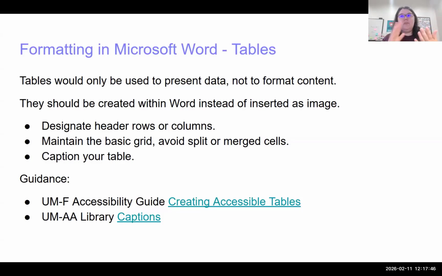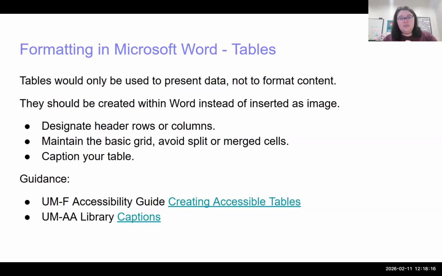So when you are creating a table with Word, you are going to make sure that you designate a header row or a header column. Okay. It is best to maintain a basic grid structure so that there aren't any empty cells, there's no skipped cells, and you're trying to avoid any split or merged cells, because it makes it a little bit confusing for a screen reader when it's going across and trying to read it.